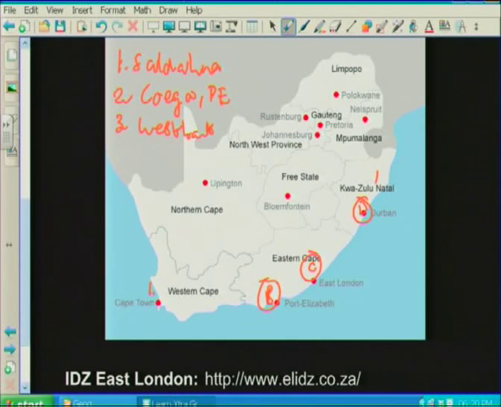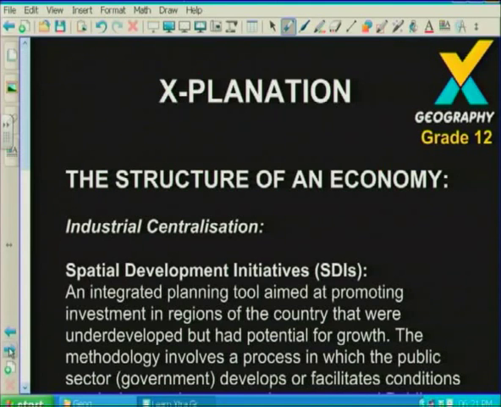Richards Bay, just further up on the coast here, is the fifth one. Johannesburg is also an IDZ. And then we've got Polokwane, which used to be called Pietersburg, remember, in the Northern Province as their provincial capital city. And the last one is Upington. So there are 1, 2, 3, 4, 5, 6, 7, 8 of those that you need to learn or know about as well.